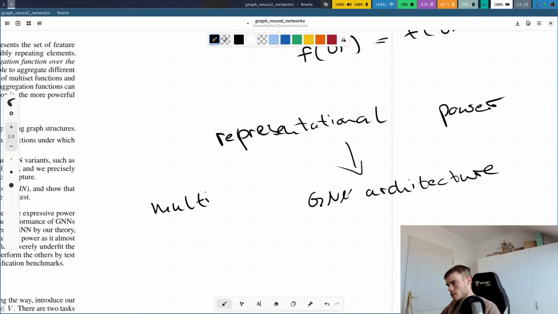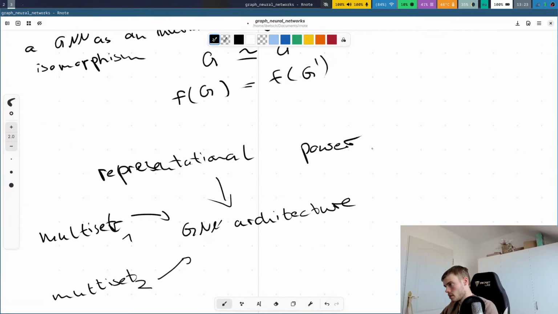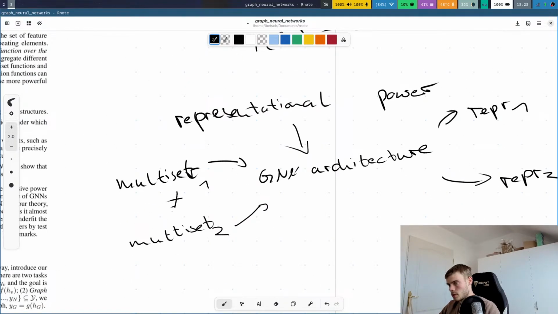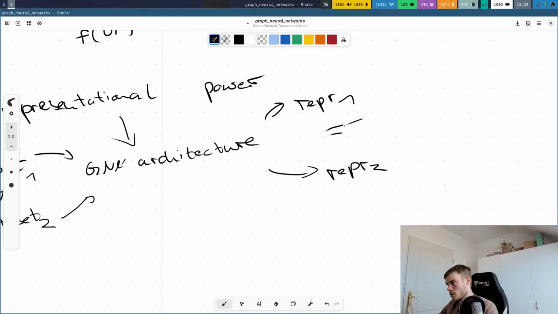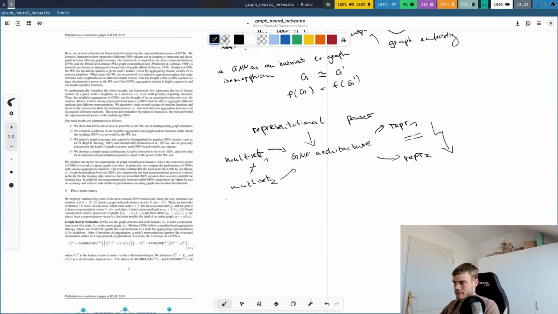So multiset 1, multiset 2, and then we get a representation out of it. And for example, if those two are different, and those two are somehow the same, then we have a problem. Then the representational power is low, for example.